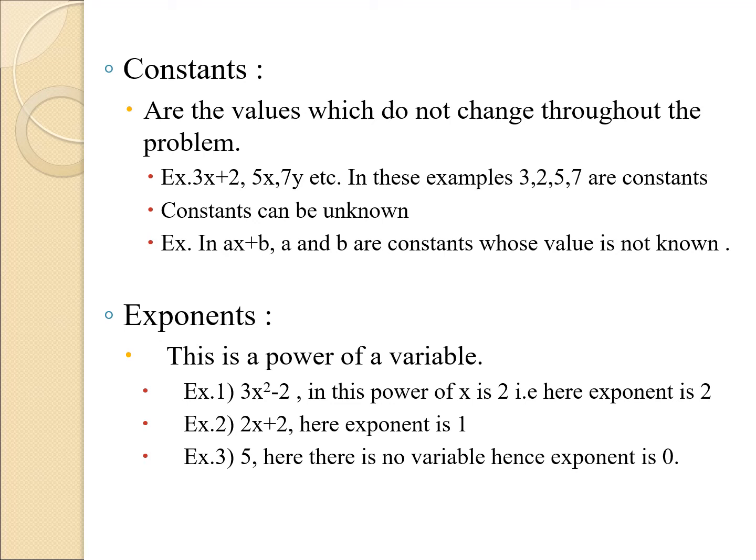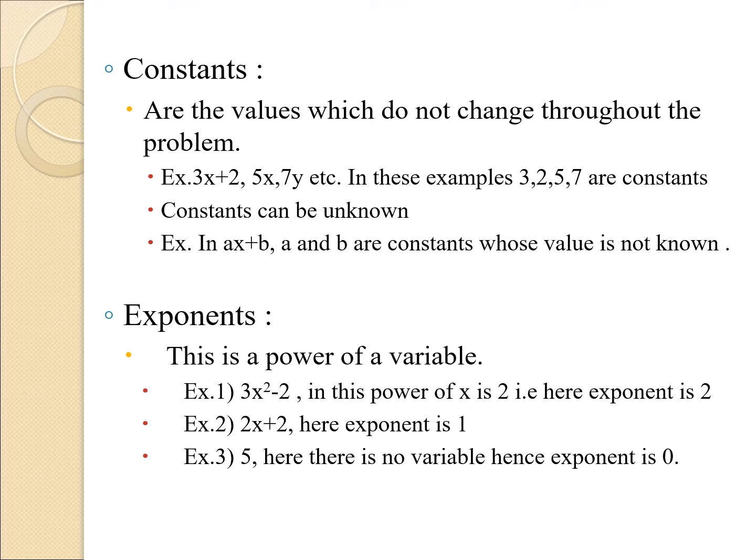They are constants, but whose value is not known. That is why the value is not mentioned here. But since they are constants, their value will be constant throughout the problem. When I denote a variable using a letter and when I denote a constant using a letter, both are different terms. They are not similar. Variable is a varying term, constant is a constant term.